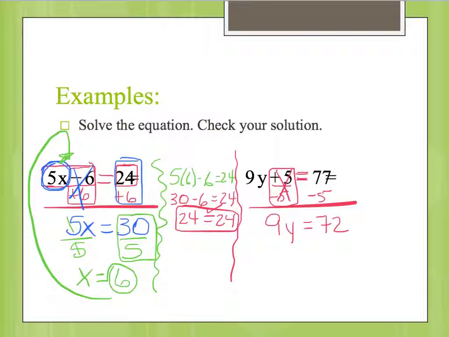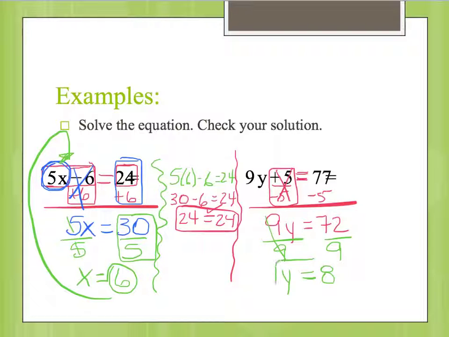Now in step two, I need to take care of the inverse of multiply or divide. I see 9 times y, so I'm going to do the inverse of times 9, which is going to be divide by 9. Whatever I do to one side, I need to do to the other side of the equation. 9 divided by 9 is 1y, and 72 divided by 9 would be 8.